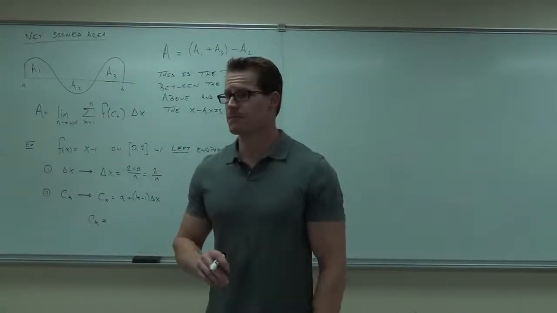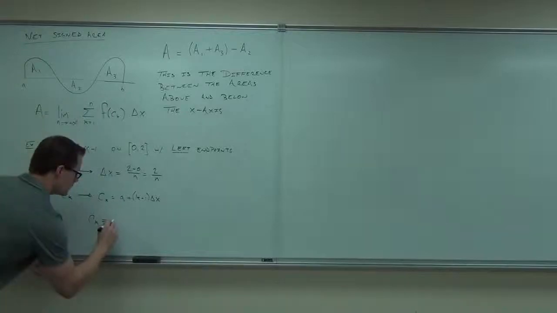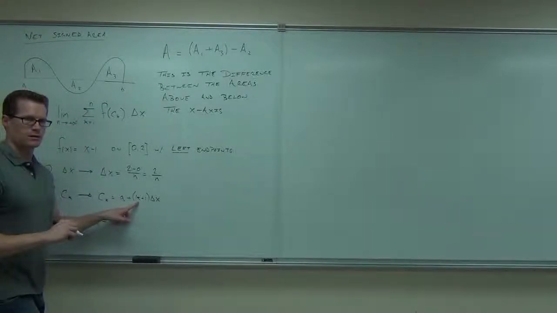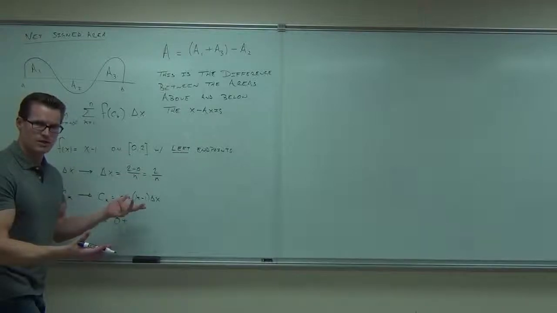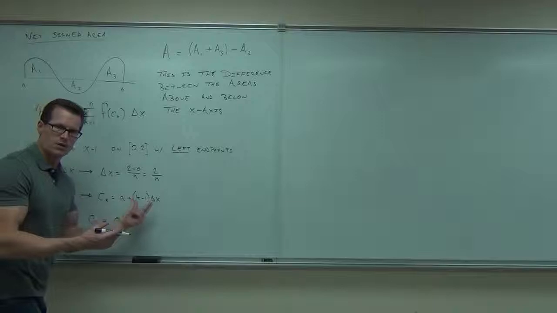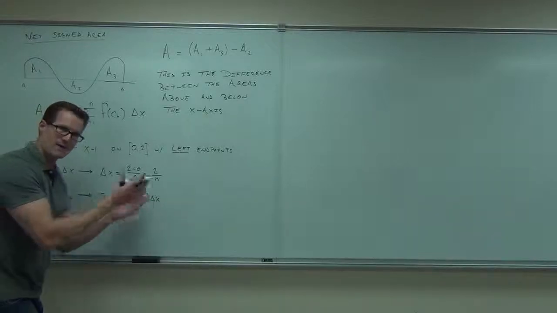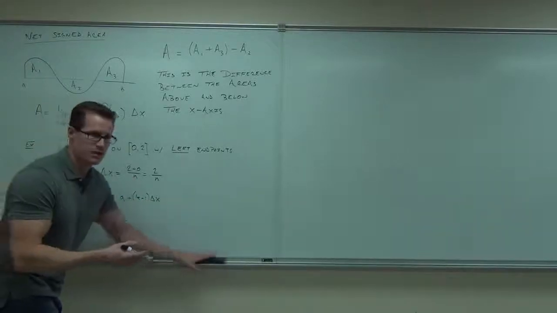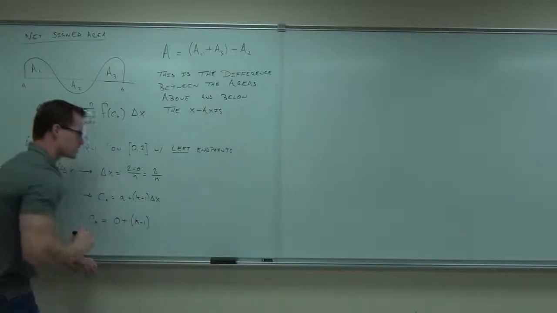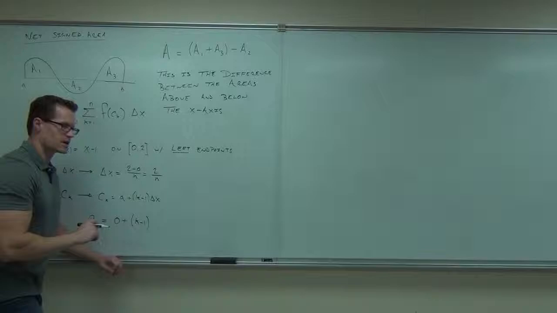What's your a, folks? Come on. 0. Plus, what do I plug in for that k? Nothing. You're going to use that later on because you're going to be basing your summation notation on your k, right? You'll have a formula for that later. It's most likely going to have a k. k minus 1. Now your delta x, this is why we did this. Delta x is 2 over n.